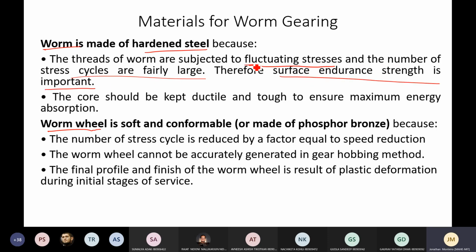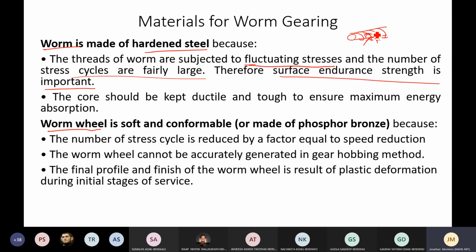Okay, high fluctuating stresses are there in worm. Why we can say that? See, you look at a worm. If I just try to draw in 3 dimensions, so there's a cylinder on which there are grooves. Okay, if you take one section of a groove, there is a very high load at one particular moment over here, and the rest of the grooves are all free, and suddenly the next section of the groove will come into high stress area.